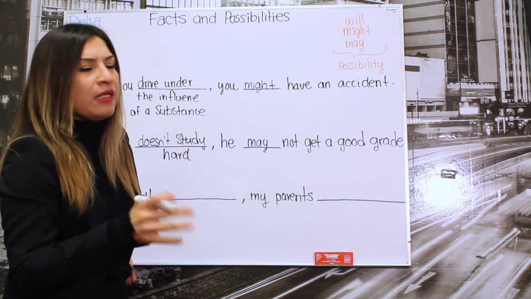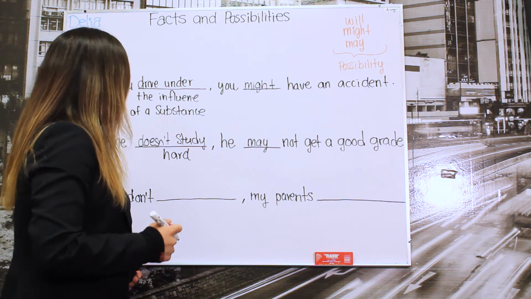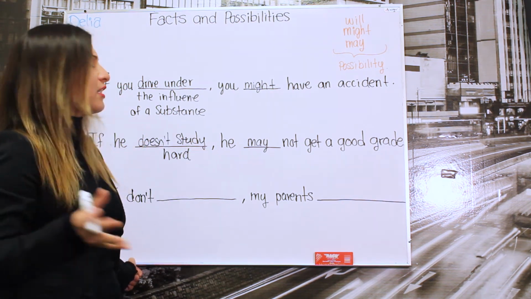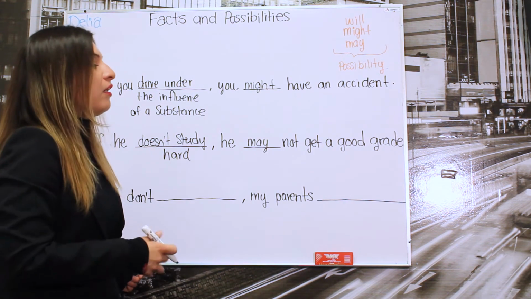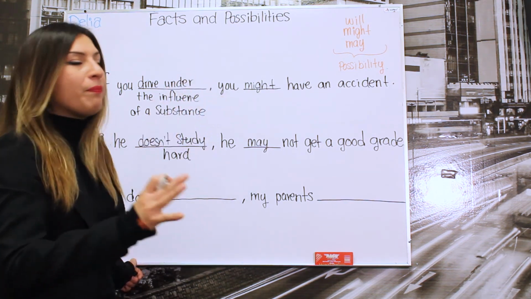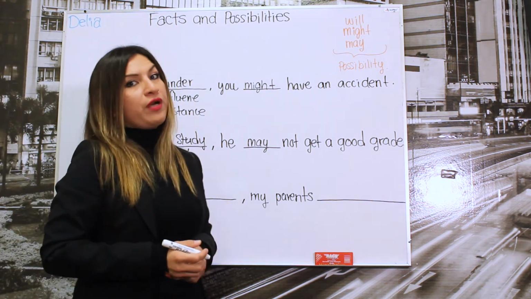It's a possibility. Maybe he is very good at this subject, mathematics, physics, etc., and he doesn't actually need to study hard. But we don't know the person, so it is a possibility. So I say if he doesn't study hard, he may not get a good grade.